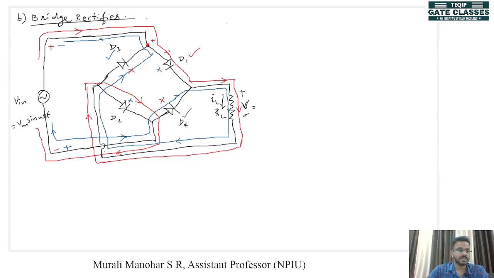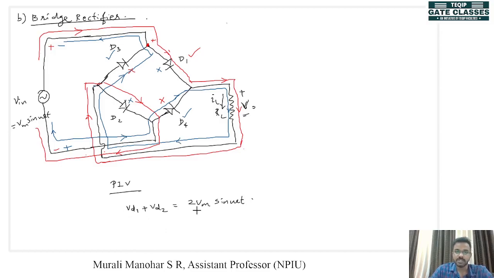The only difference is in PIV. Let's say diodes D3 and D4 are conducting, and diodes D1 and D2 are not conducting. So the voltage across D1 plus the voltage across D2 will be equal to 2 Vm sin omega t. So the maximum value will be 2 Vm.